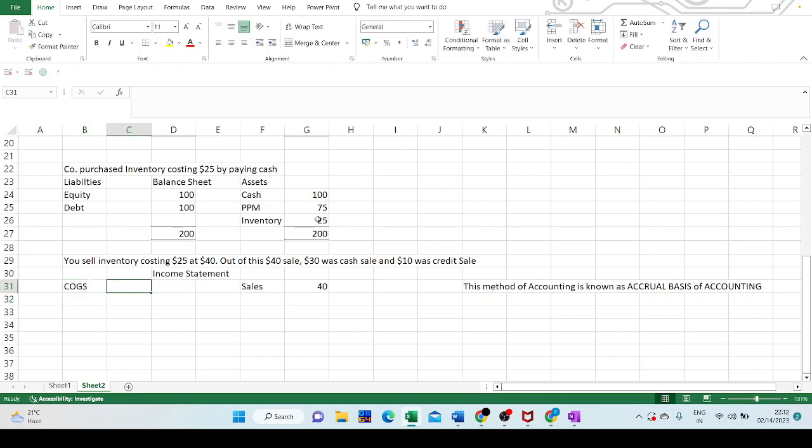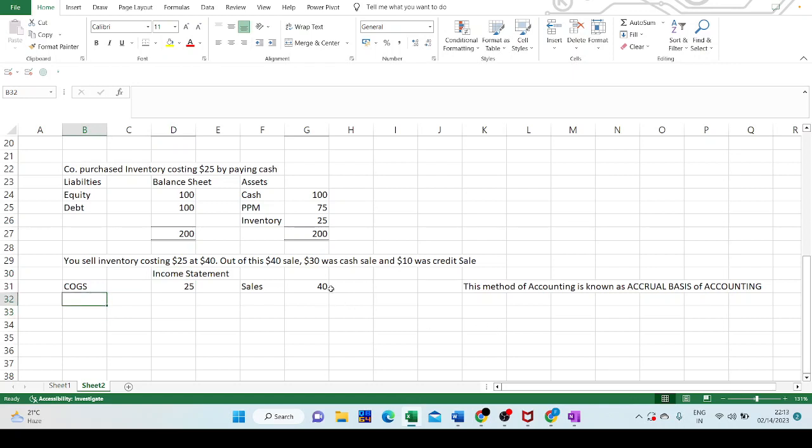COGS stands for cost of goods sold. I'll repeat this. You bought inventory worth 25. Once you sell this inventory, its cost is reported as COGS in the income statement.